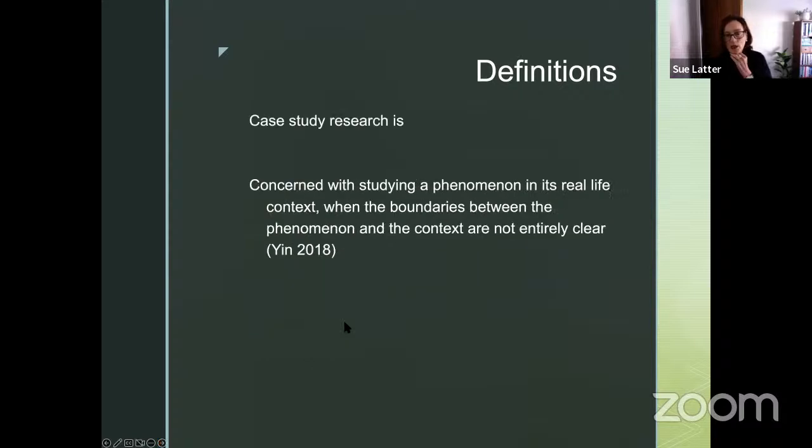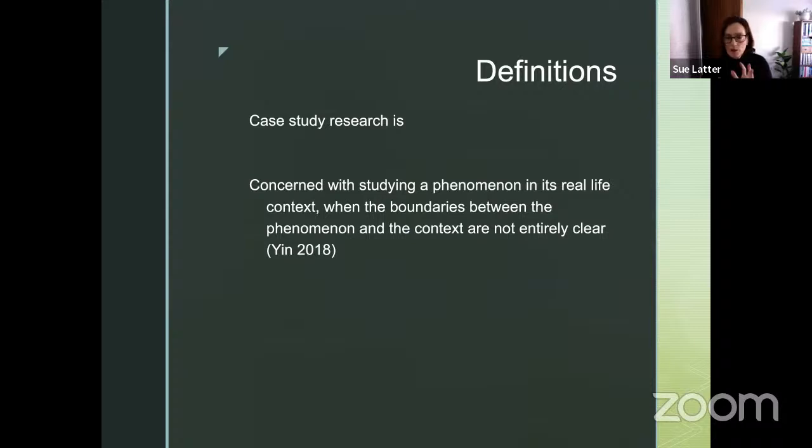And Robert Yin, who some of you might be familiar with, one of the key writers in case study design, adds to our thinking by saying it is definitely about studying a phenomenon, be that an intervention or whatever you're interested in, in its real life context. So there's no attempt to manipulate anything or to extract the thing you're interested in out of context, but it's in its real life context.